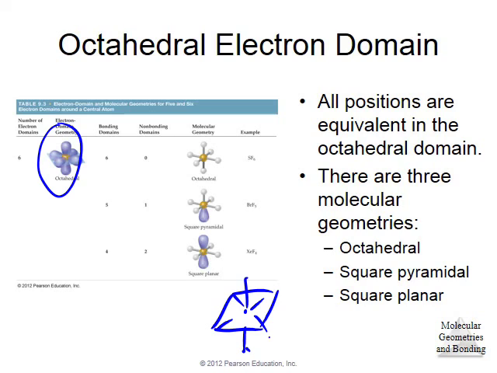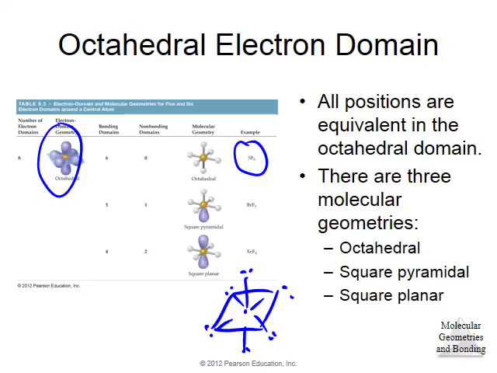So these all have electron pairs, and that makes it octahedral, and angles are all 90 degrees. So that's octahedral. When all of them are bonded, like in SF6, molecular shape would be the same as electron domain shape, or octahedral.